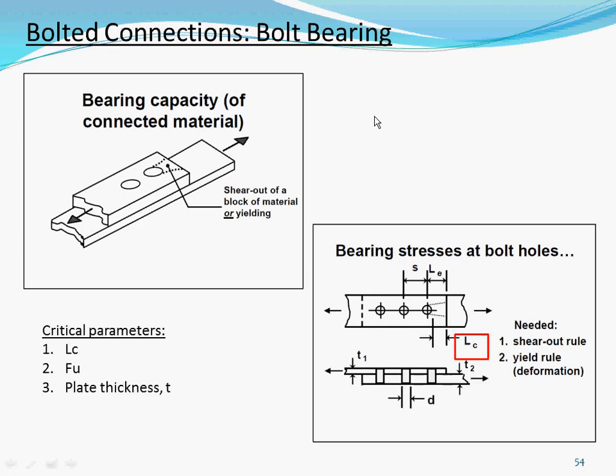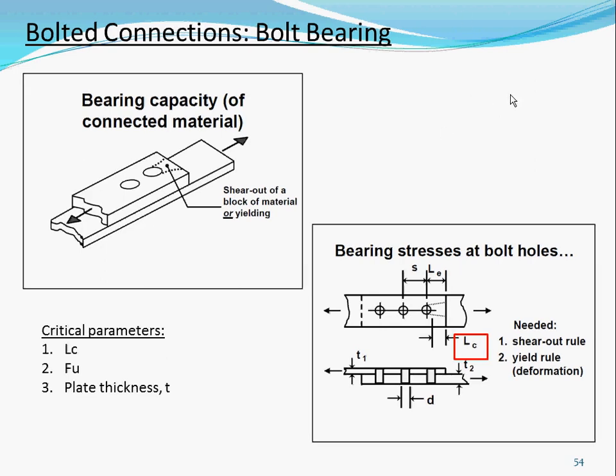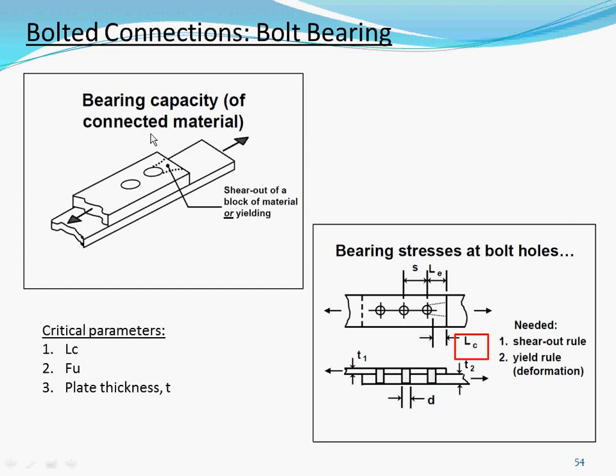A lot of times when you're dealing with bolted connections, there's bolt bearing. After all we talked about with just the capacity of the bolt, now let's look at the capacity of the material itself when you're bearing into it. The first mode is bearing on the plate.